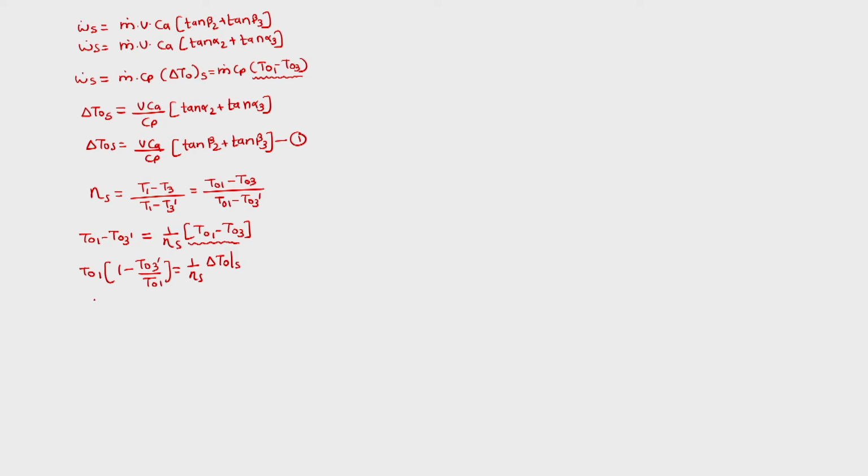So we can write 1 minus T03 dash upon T01 is equal to 1 upon T01 into stage efficiency delta T0 stage. So we have T03 dash upon T01 is equal to 1 minus delta T0 stage upon T01 into stage efficiency.